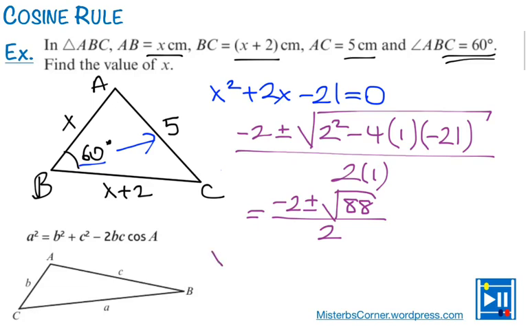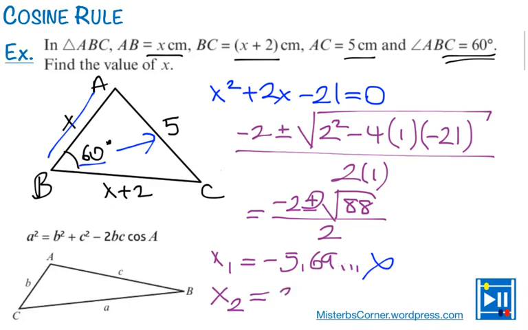From here you're going to have the first x value to be minus 5.69 and so on, which does not make sense because we are looking for a side length. So let's check with x2, where I'm going to use the plus sign. I will have 3.69 and so on, so I can keep it as 3.69.